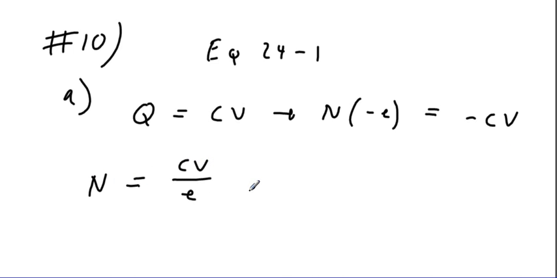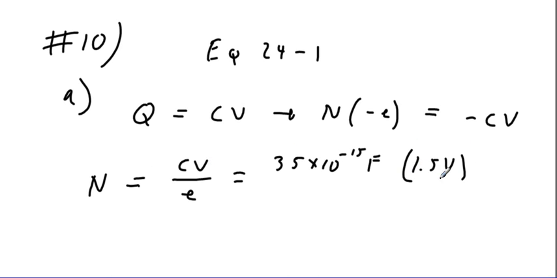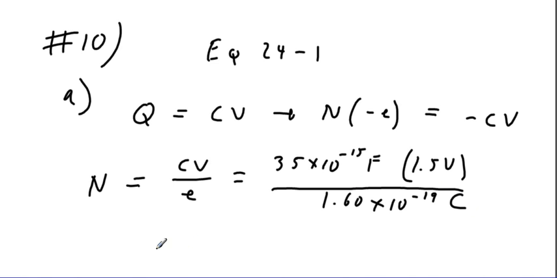Okay, well, my capacitance was 35 times 10 to the minus 15 farads, and my voltage was 1.5 volts, and my charge on an electron 1.60 times 10 to the minus 19 coulombs, and I end up with 3.281 times 10 to the 5th electrons.